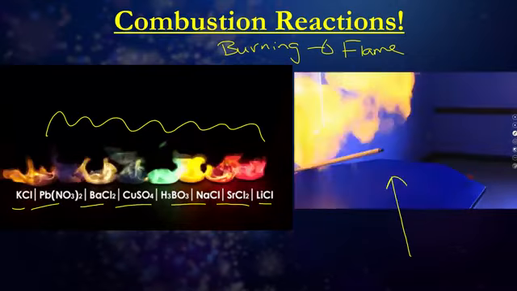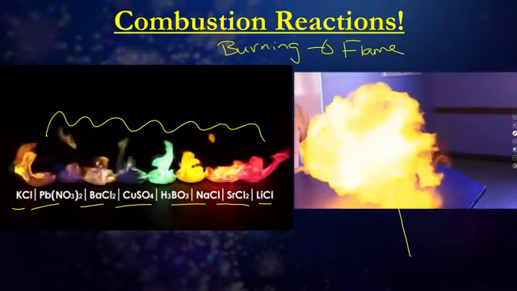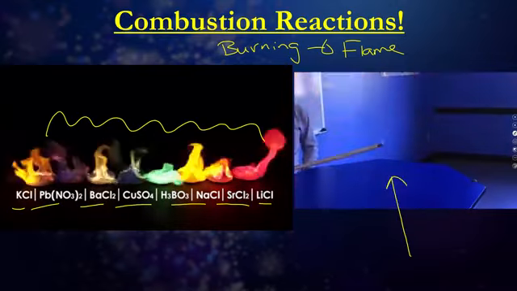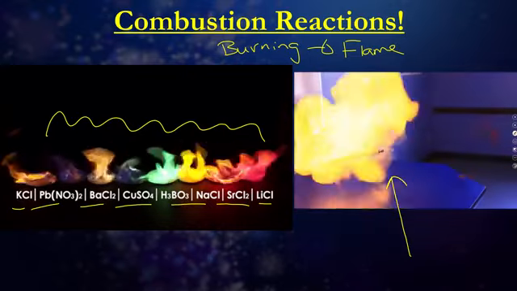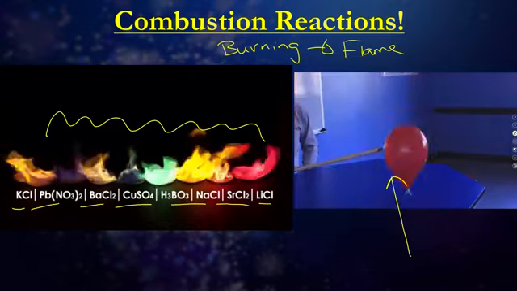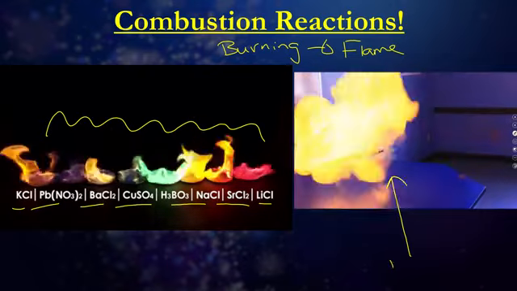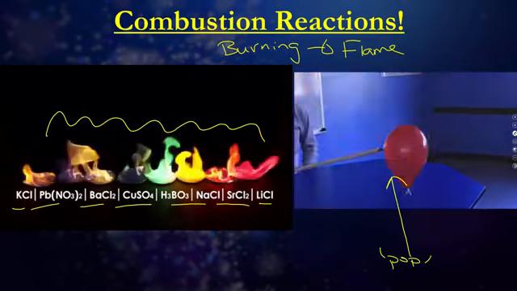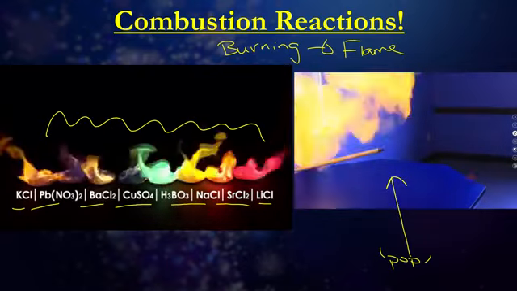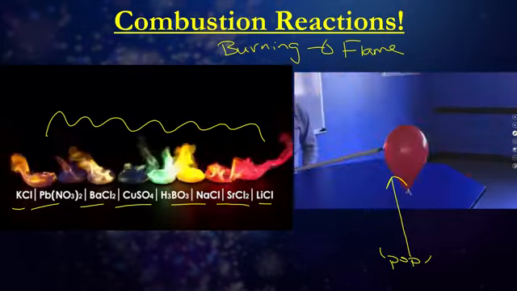Another nice example here is the hydrogen balloon. You react hydrogen gas with some form of oxygen and you get this really nice explosion. This is basically a very exaggerated version of the pop test, where we try and test for hydrogen gas in some kind of substance.